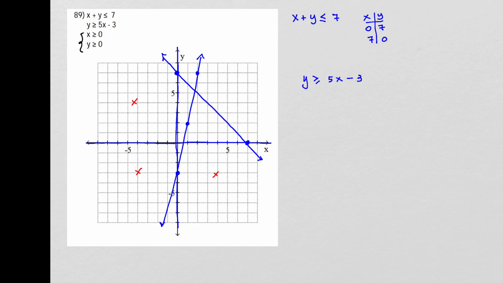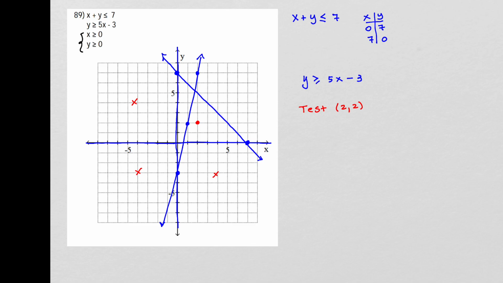All right. So now I have 4 sections that I could potentially shade in. So we're going to figure out which ones we want to shade. I'm going to use a test point that we can work with easily. I'm going to use 2, 2.